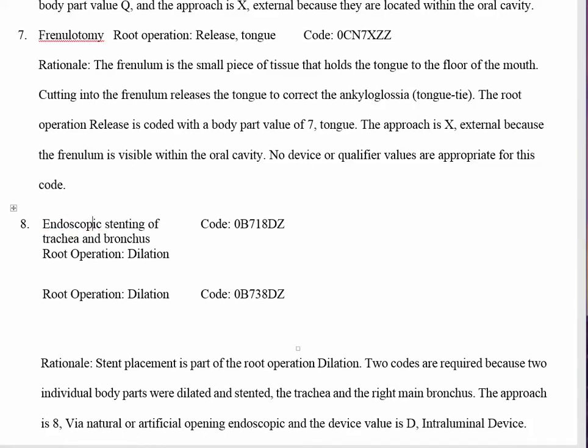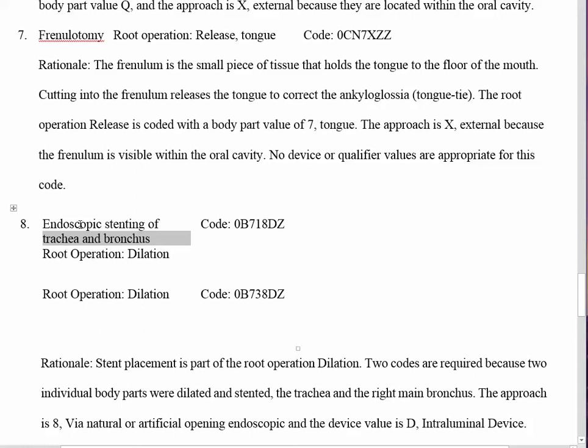Number 8, we have an endoscopic procedure, which is the stenting of the trachea and the right main bronchus for a patient with bronchial cancer. So we have two anatomical locations as far as ICD-10-PCS is concerned. The trachea and the bronchus are two separate anatomical locations.